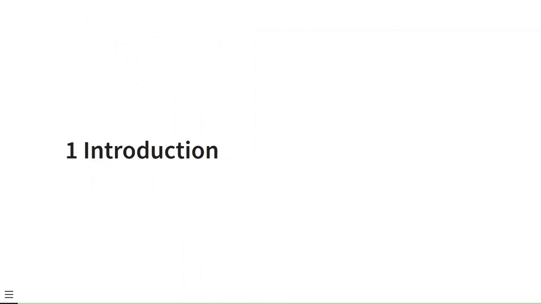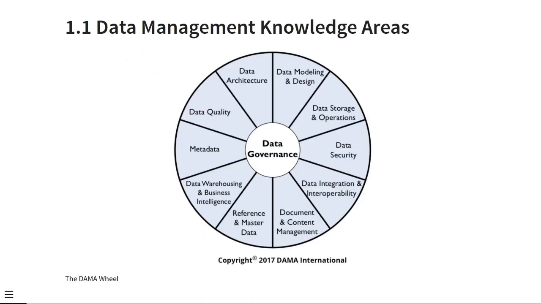So, for introduction's sake, we will take a quick look at the data management knowledge areas as defined in the Data Management Book of Knowledge. These are the grounds for the different processes that can be assessed in the assessment.